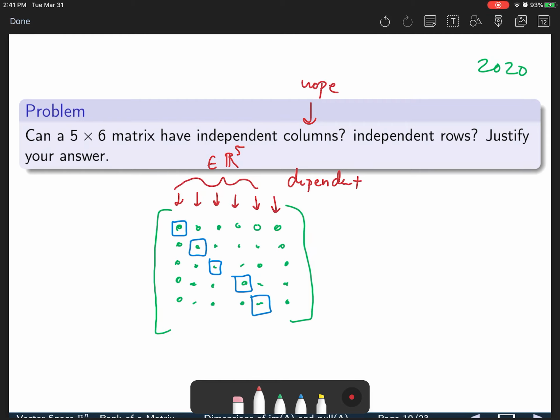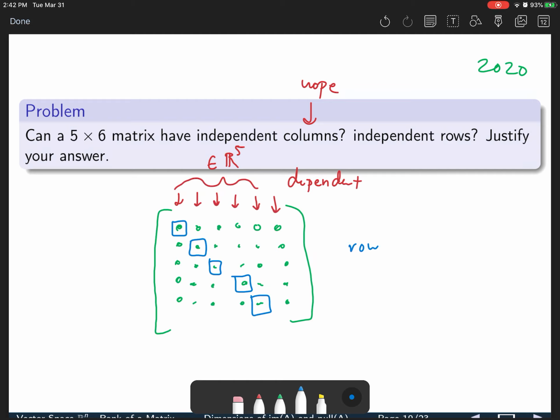If we look at the rows, however, we do have a pivot in each row. And since those are working in a 6-dimensional space and we have 5 vectors, those 5 vectors would span a 5-dimensional subspace of 6-dimensional space.